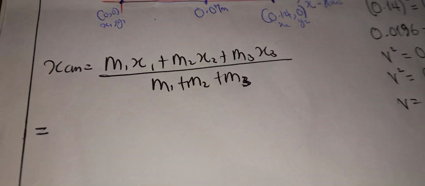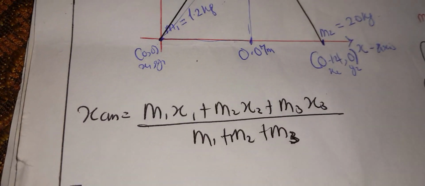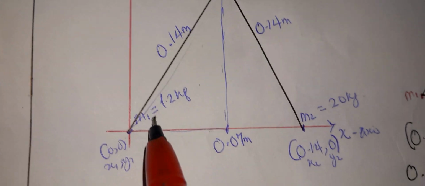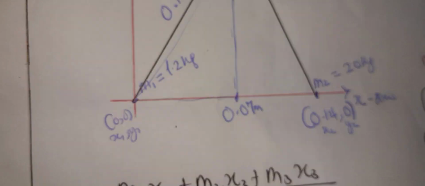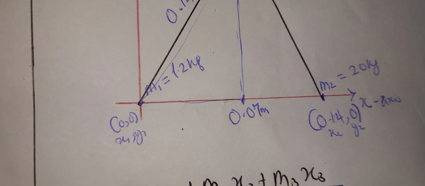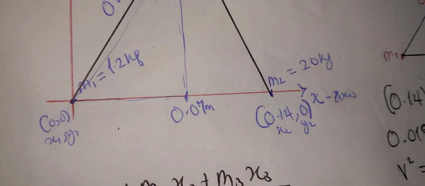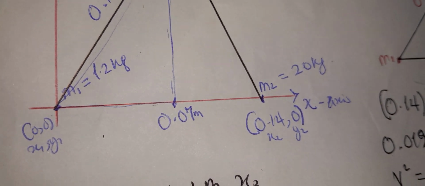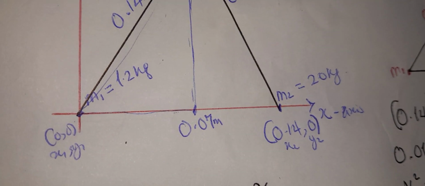Right, let's do that of x first. And I would like to do it together. So m1 is 1.2. At x1, it's what? 0. Plus m2 is 2.0.